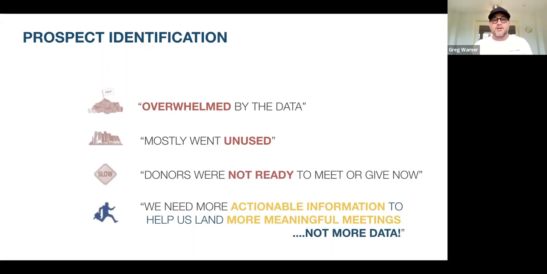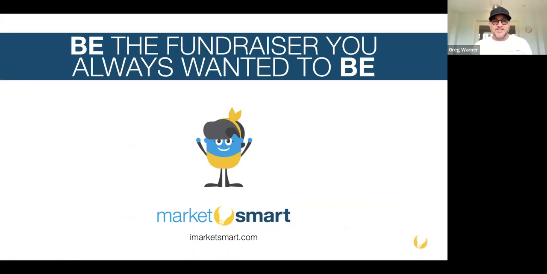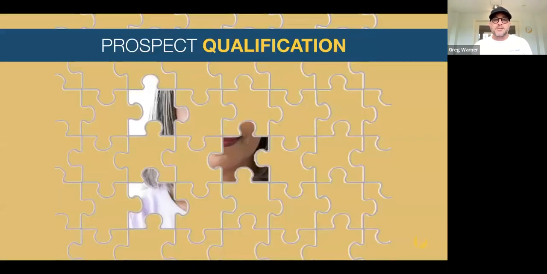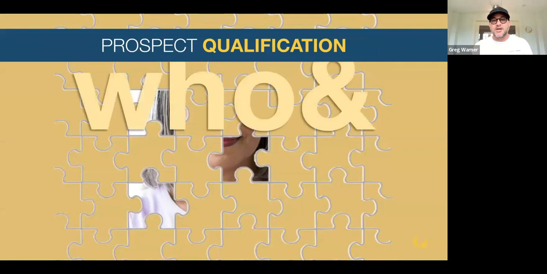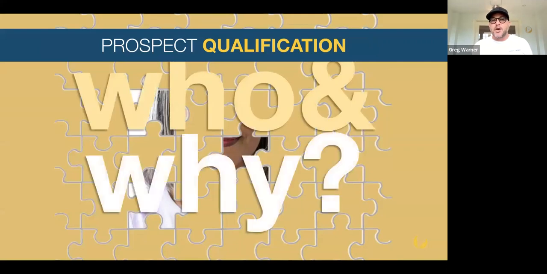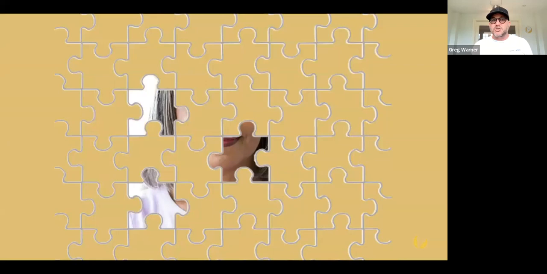So we've always been told that fundraisers want the actionable data so they can get more meetings and meaningful meetings. They don't need more data, they need more meetings in order to be the fundraiser that they always wanted to be. So automation helps you operate in the realm of prospect qualification, which is not just finding out who, but more so why, and much more than that.